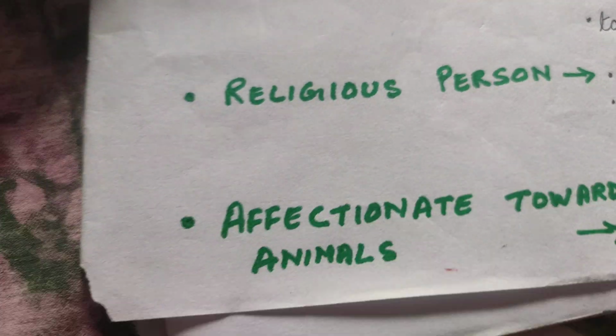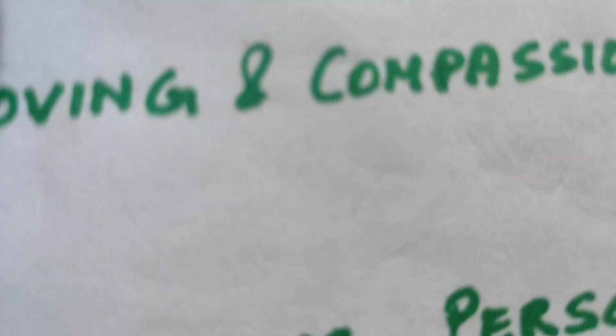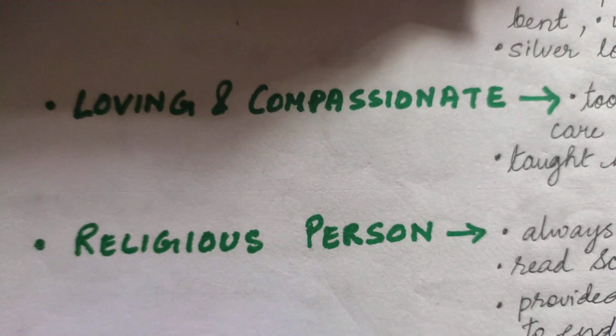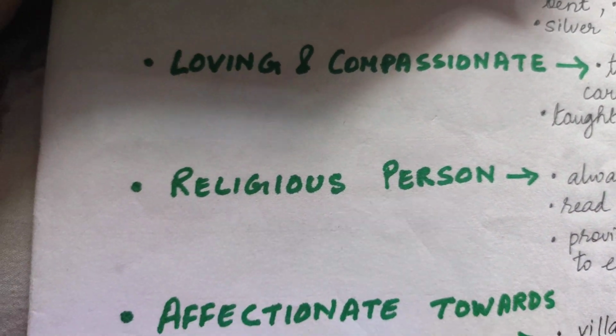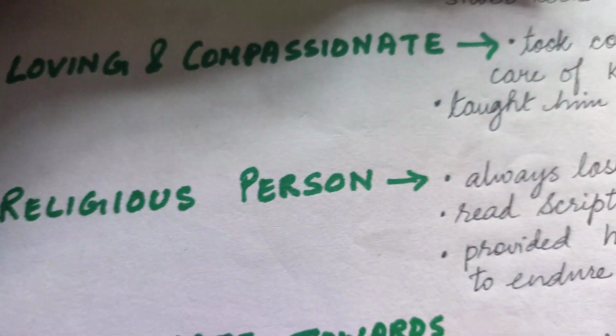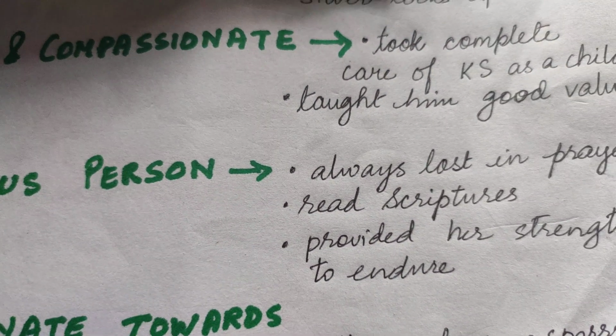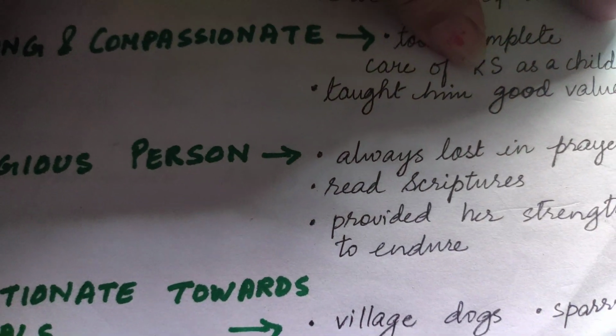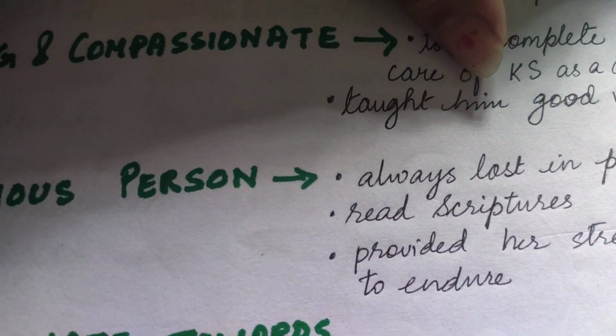Next is religious person. She was a very, very religious person, and we come to know that very well because we have always seen her praying, her fingers busy telling on the beads of rosary, and her mind always lost in prayer. She would be praying inaudibly without disturbing others.